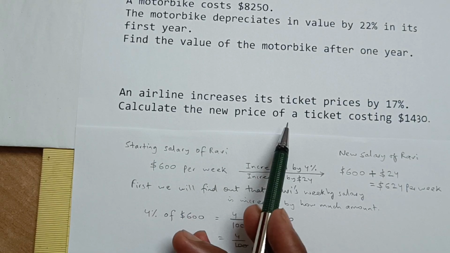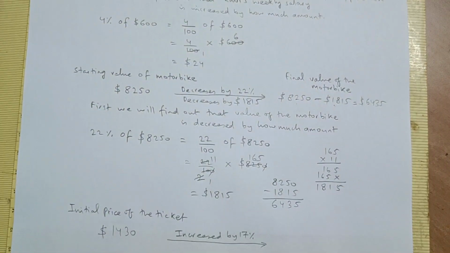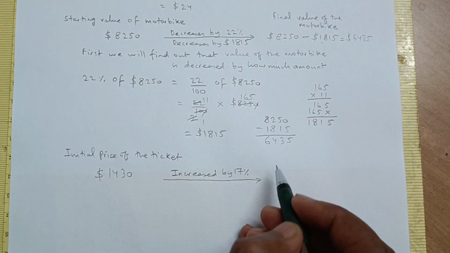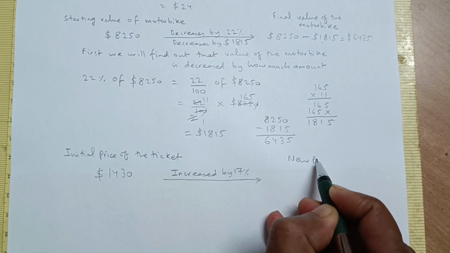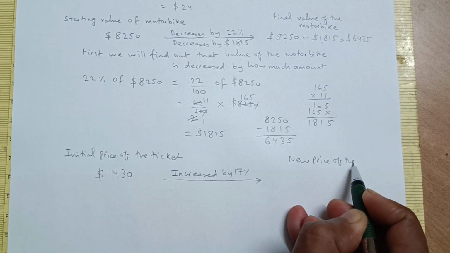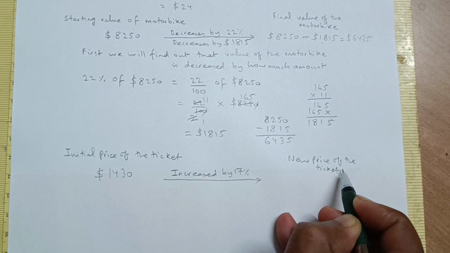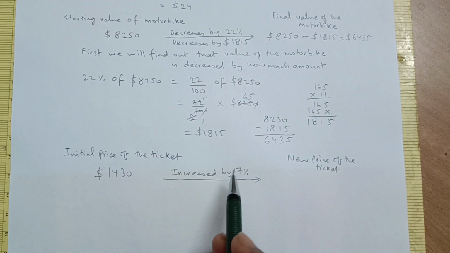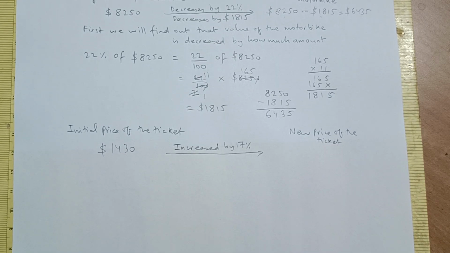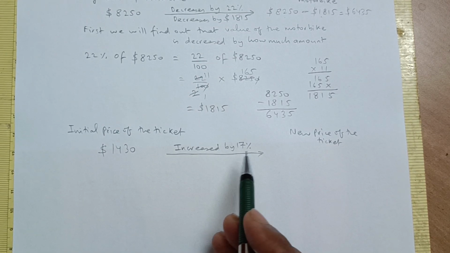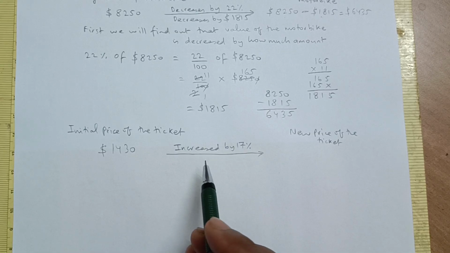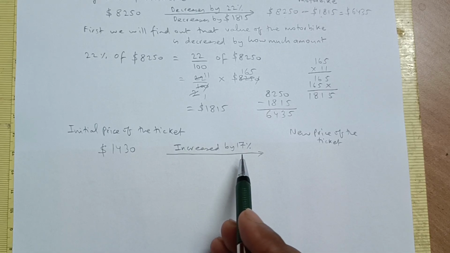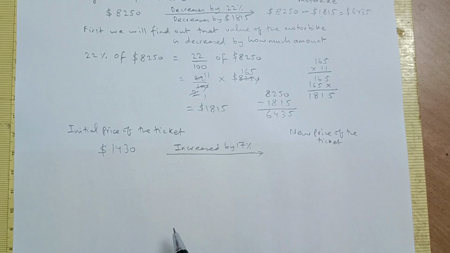And we have to calculate the new price of the ticket. So after the price of the ticket has been increased by 17%, what is the new price of that ticket? Okay. So the price of the ticket is increased by 17%. Increased by 17% means increased by how much amount?